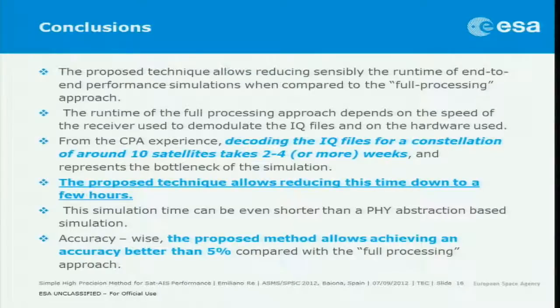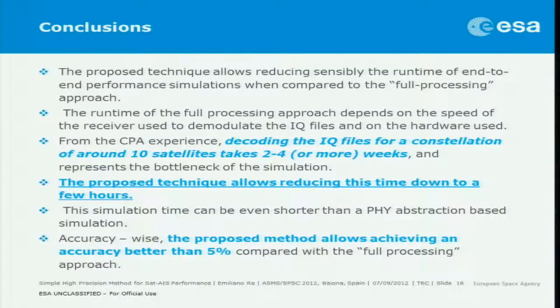So the important thing that we can conclude from this is that this extrapolation method is able to achieve quite a high accuracy, within 5%, which we consider very good for a system design. And the remarkable thing is the time that we save with this approach.